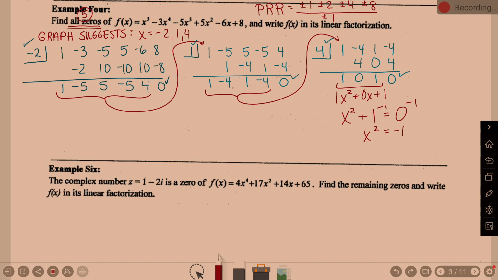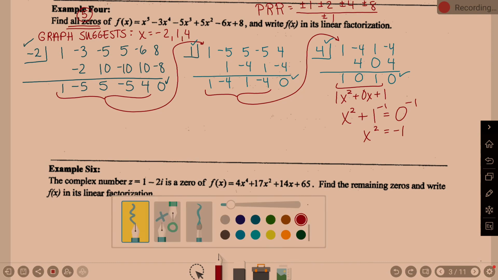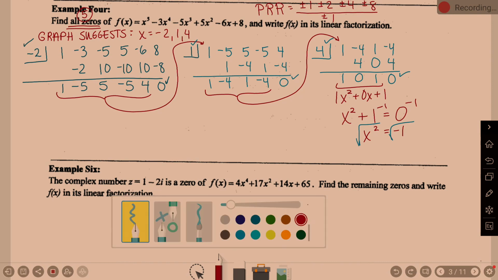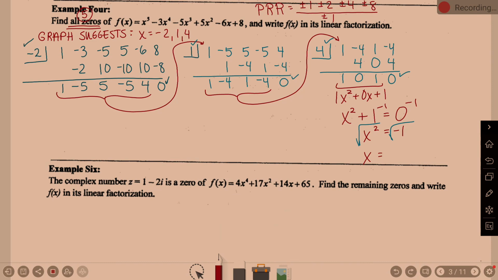How do you solve? We're going to take the square root. Whoops, let's get the square root in the right place there. What is the square root of negative 1? I and minus I. Remember when you take the square root in an equation setting, you have to account for the positive and negative roots? Here you go. So the square root of negative 1 is plus or minus I.